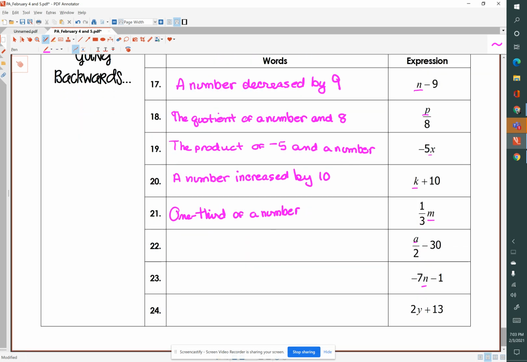Number 22, we have a as a numerator, 2 as a denominator. From that, we have subtracted 30. We could say half of a number minus 30. Just a little note about a over 2 can also be written 1/2 a. So we can say half of a number minus 30.